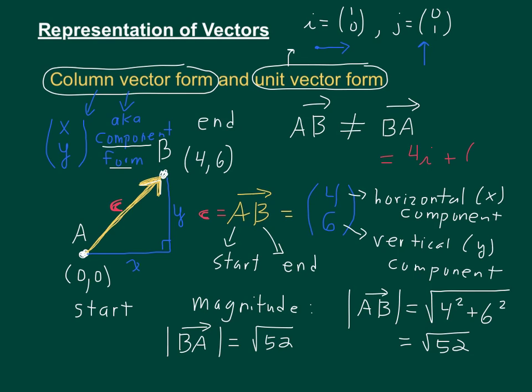So we would need 6 j's. So usually I encourage people to write vectors in component form as opposed to unit vector form, but you might see some questions that ask you to write or express it in this so-called unit vector form. So unit vector form simply means you need i's and j's. Okay? Understand that the i is really referring to the x component and the j is really referring to the y component.